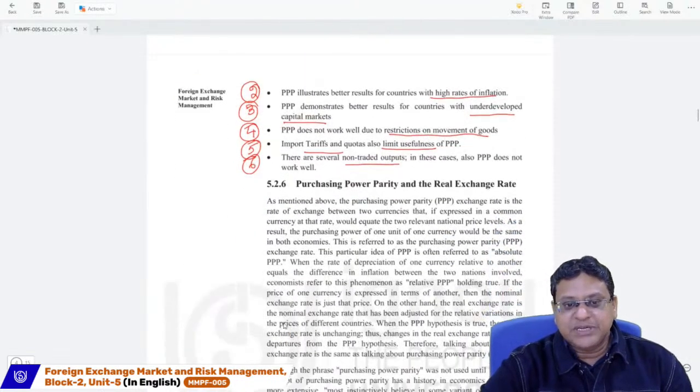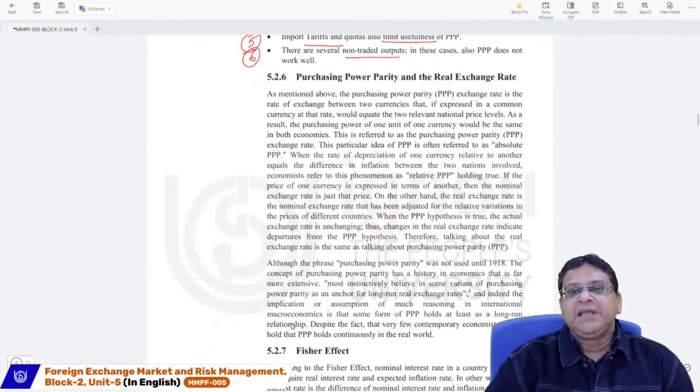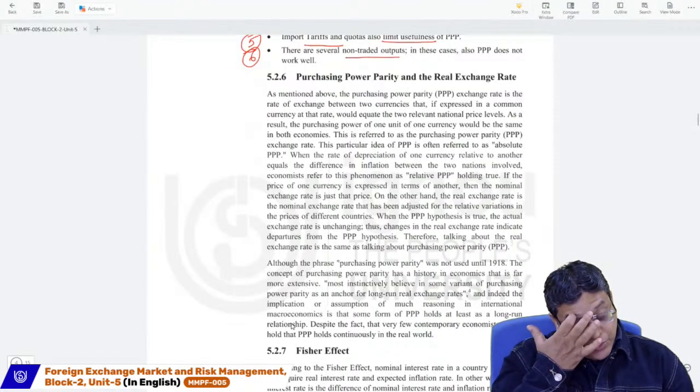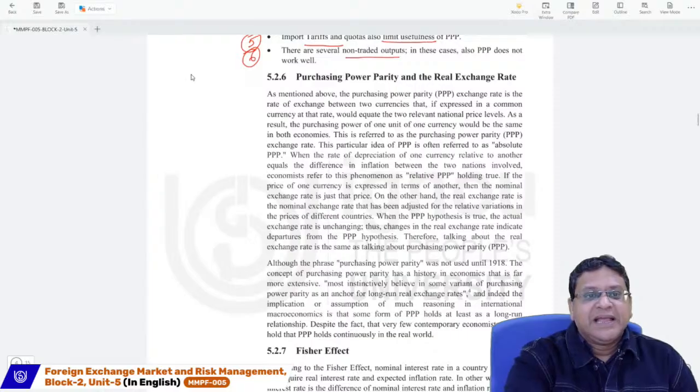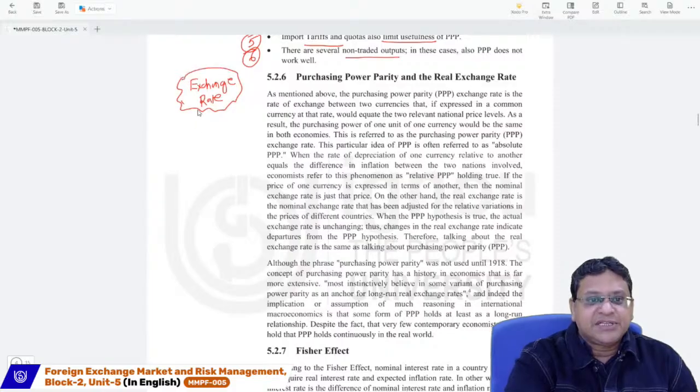So next we will discuss PPP and exchange rate. We know that there are two types of exchange rate: nominal exchange rate and real exchange rate.